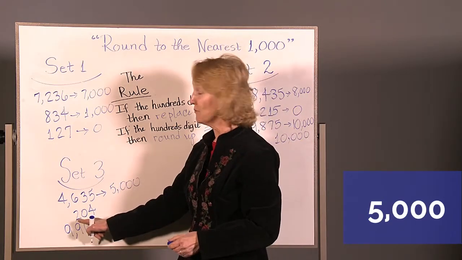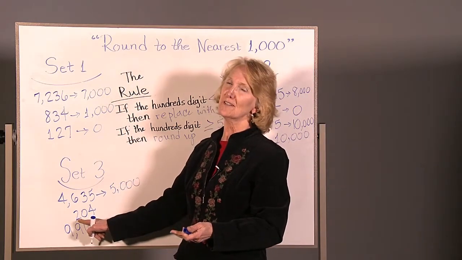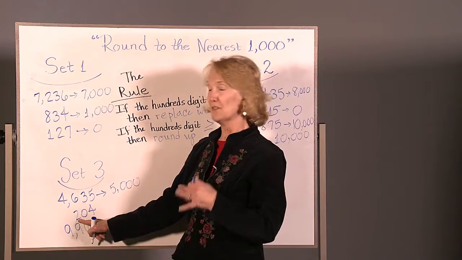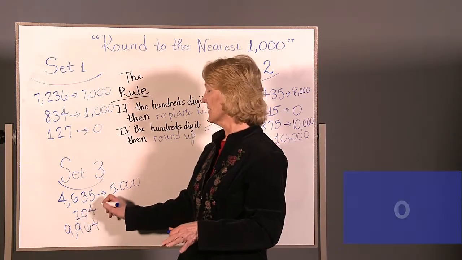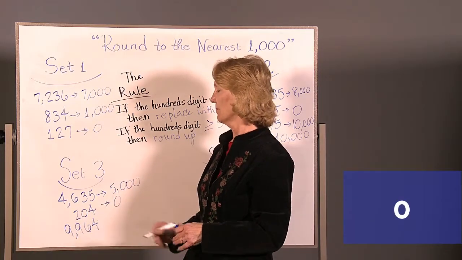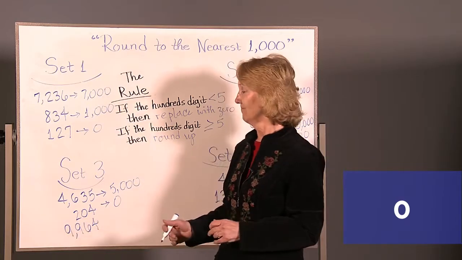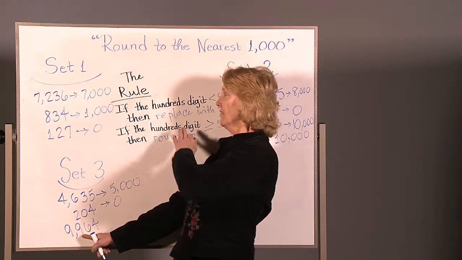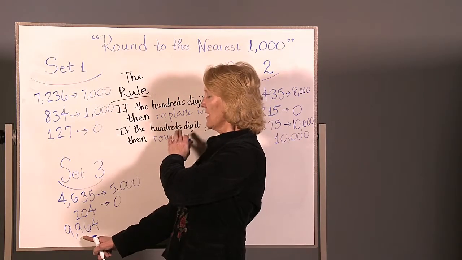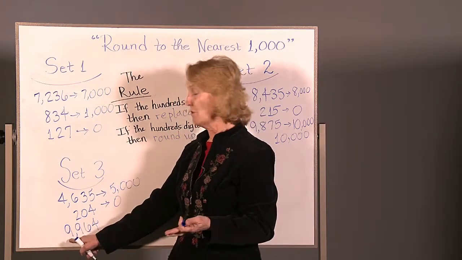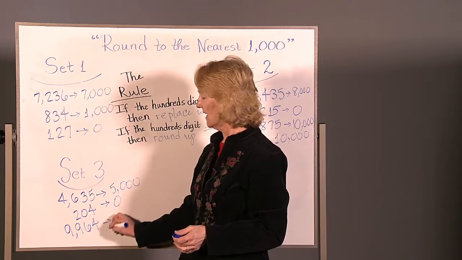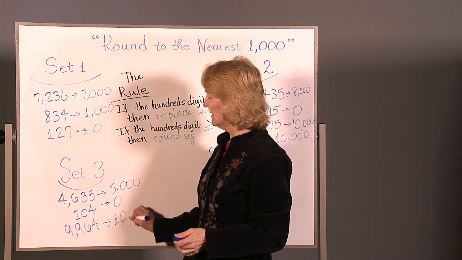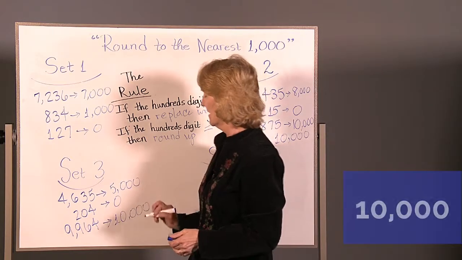Okay, on this one we look at the hundreds digit, it's less than 5, so we just replace it with a 0. So the whole number just rounds to 0. On this one we look at the hundreds digit, it is greater than or equal to 5, so then we round up. 9 rounds up to 10. Again, we get rounding to 10,000.